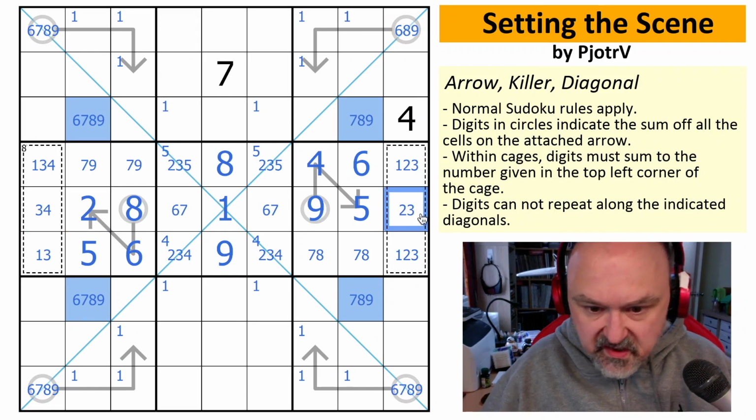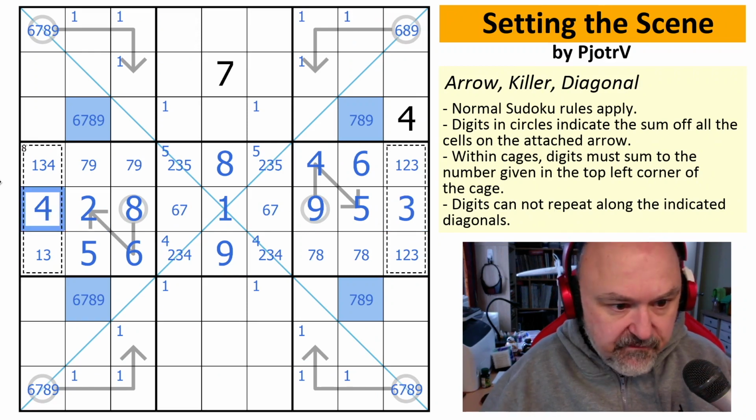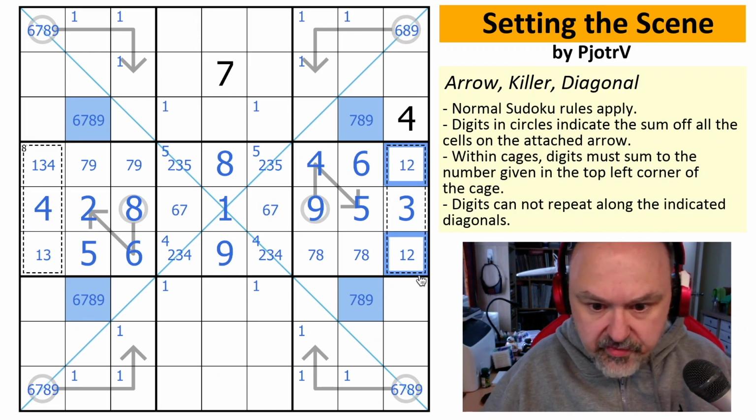This 2 is seeing that, making that a 3, making that a 4. These are not 3 anymore.